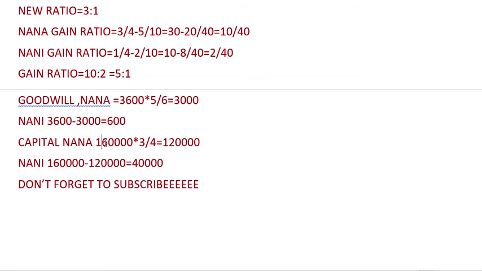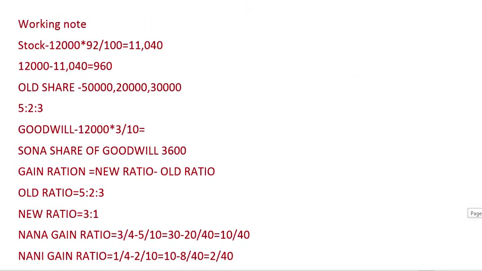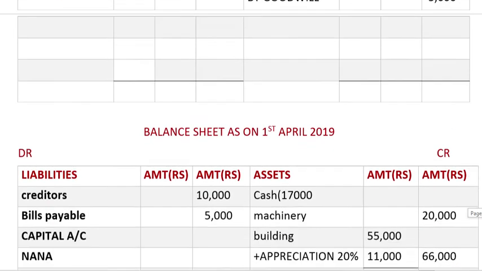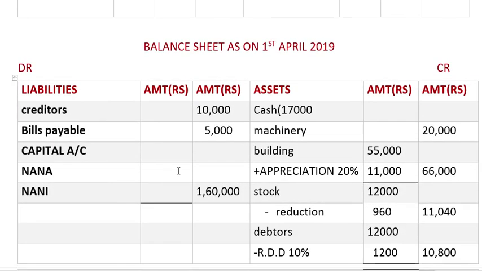Nana is 1,60,000 multiplied by 3 upon 4, that gives 1,20,000, and 1,60,000 minus 1,20,000 gives 40,000. So over here Nana is 1,20,000 and Nani is 40,000.